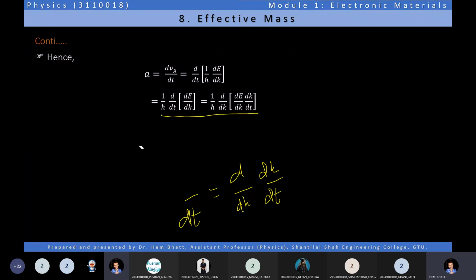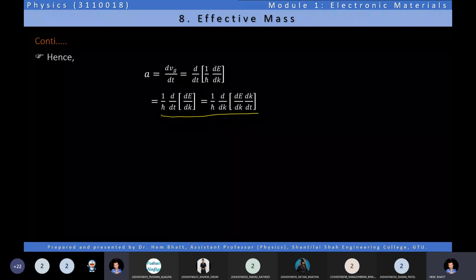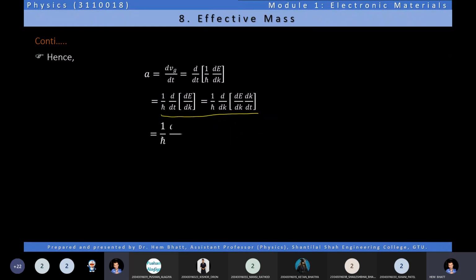What is the advantage? The advantage is we know the variation of energy with k, and we know the variation of k with time. There is some relation of dk by dt with force, and so h cut dk by dt is the external force. When you are writing down, use enough brackets.